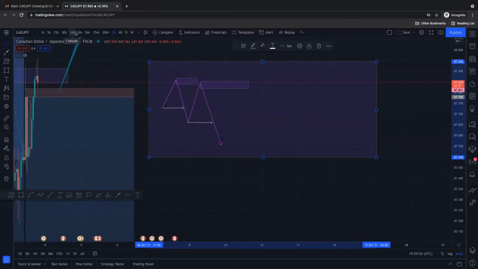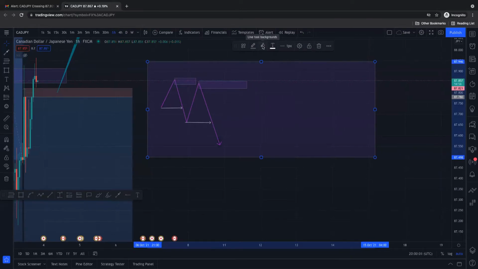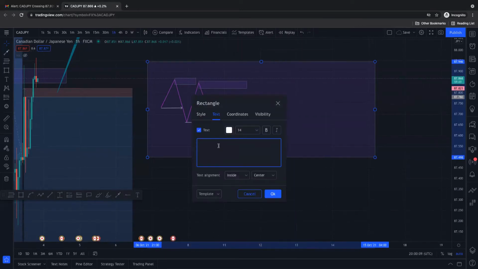It's a little trick if you are getting lost on which time frame you want to see your entry criteria happen when the price hits your order block. I'll just write it down over here. Go back to the third time frame.